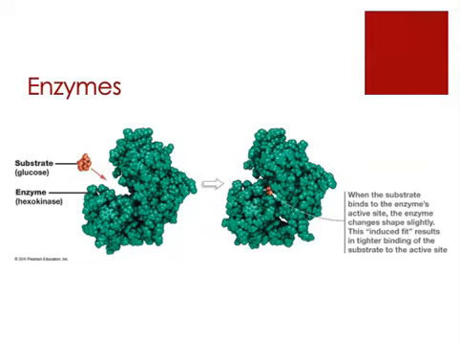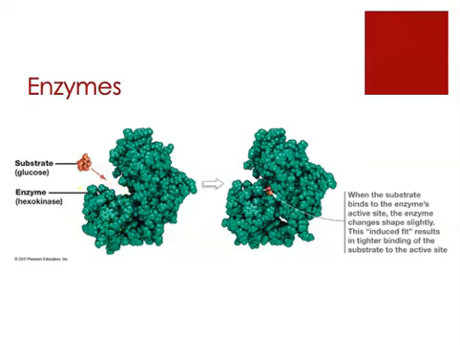On this slide, we can see another drawing of an enzyme and a substrate molecule. Now this drawing is a little bit more realistic. The enzyme is depicted by the green molecule here. And I want you to notice that this is actually made out of maybe hundreds or thousands of little green circles. Each one of those green circles represents an amino acid.